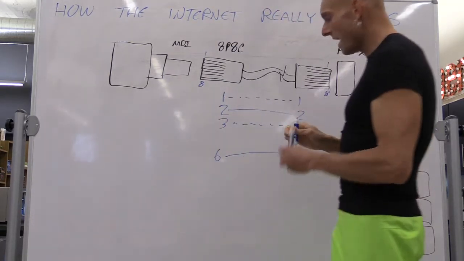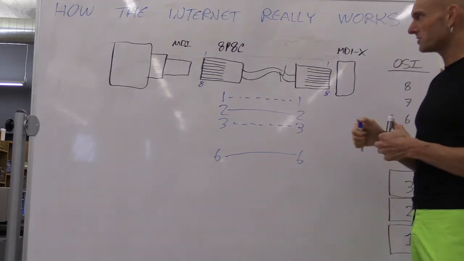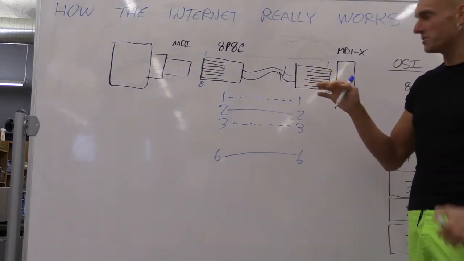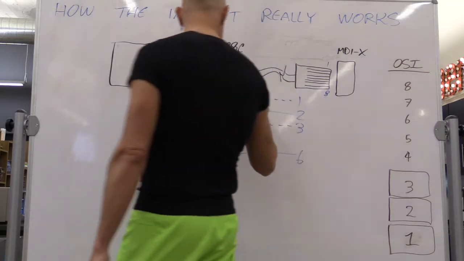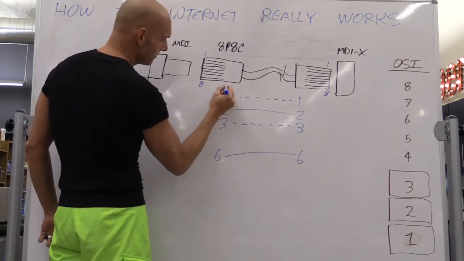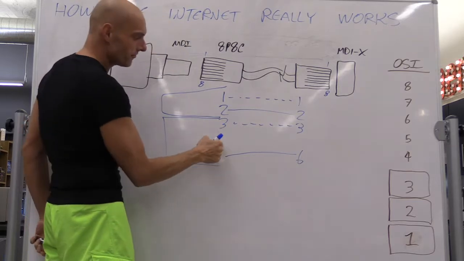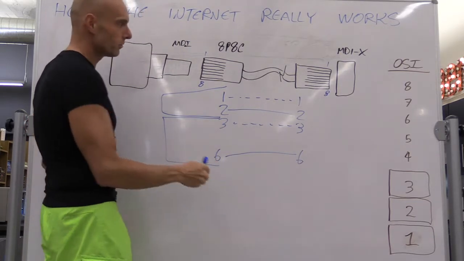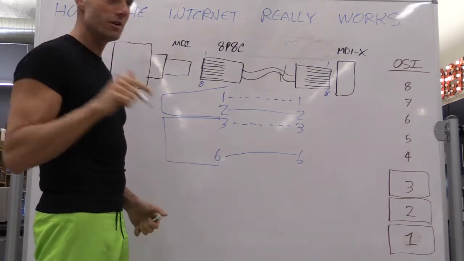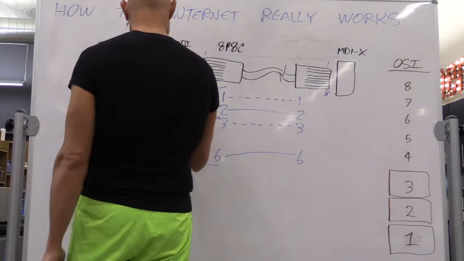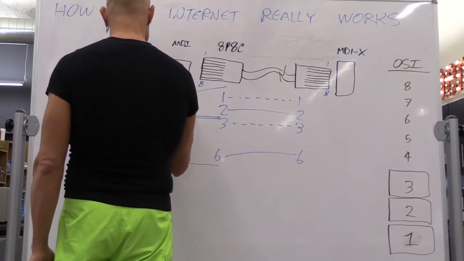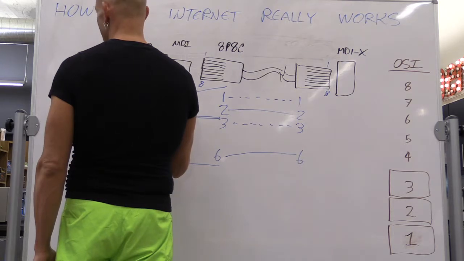This goes back to the origins of all this stuff in the telco business. The dash is a pair, and this is a pair. And you'll see 4 and 5 are ignored, 7 and 8 are ignored. We're talking now about the actual wires in the cable. And this is on the PC side, the sending side.